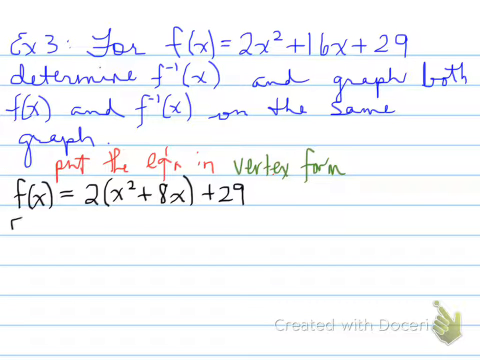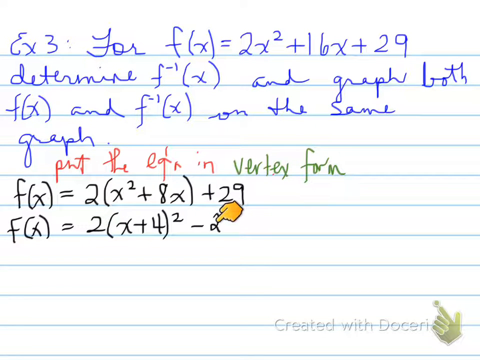Next, what you're going to do is 2 bracket x plus 4. Remember, it's this number divided by 2, all squared, and then we're going to subtract the a value times the number inside squared, plus 29 is the leftover right here.